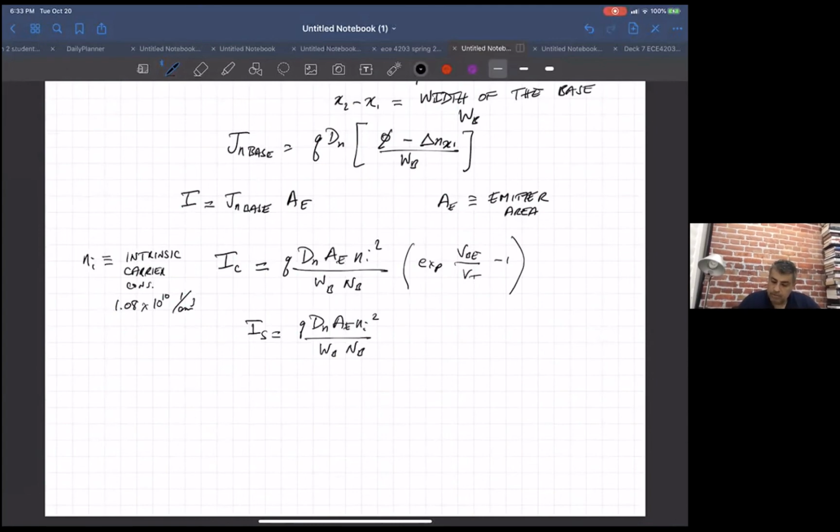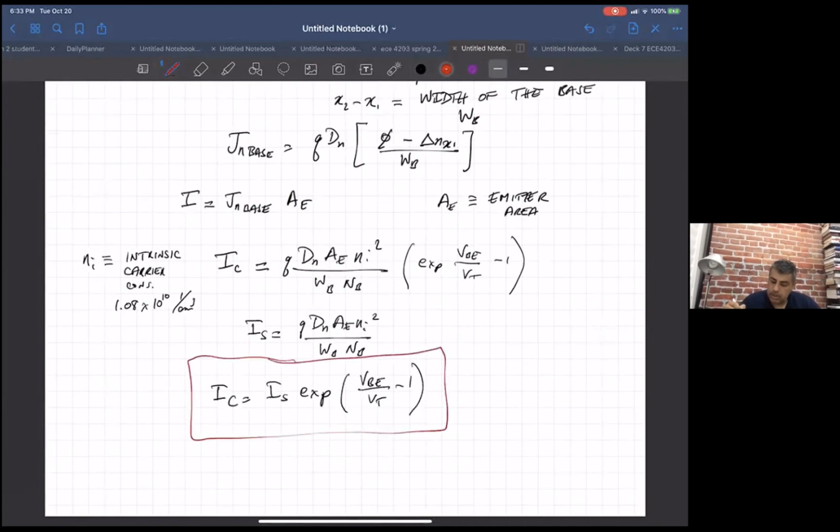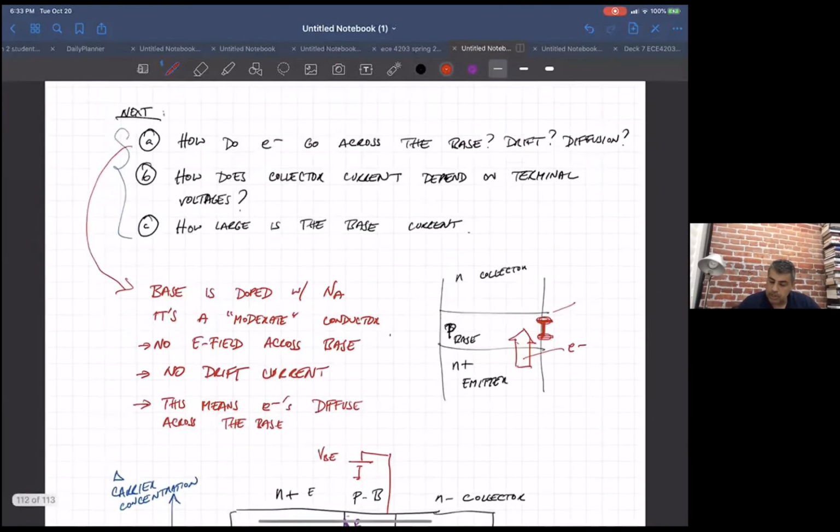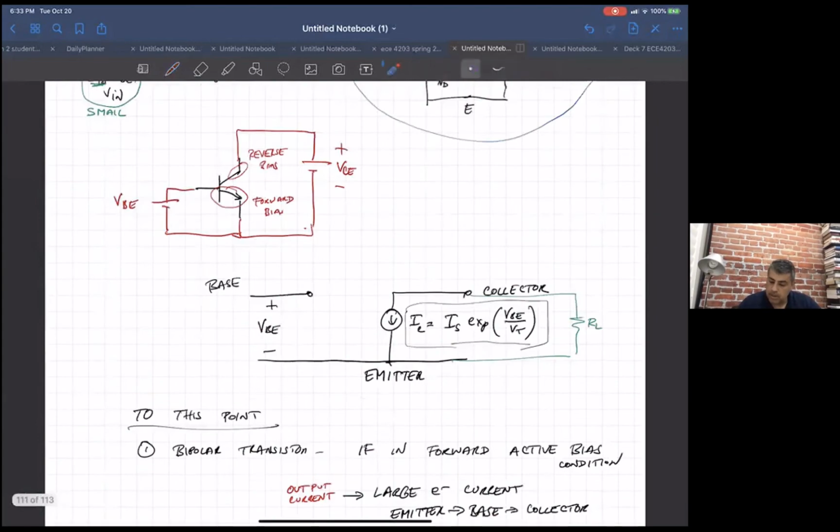So if I use this, I'll end up with I sub C equal to I sub S times the exponential of VBE over VT, minus 1. That is my equation for the collector current, which I was claiming, this equation I gave you guys up here.